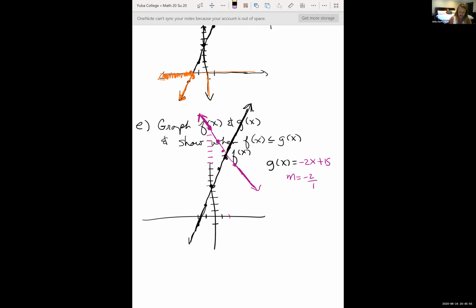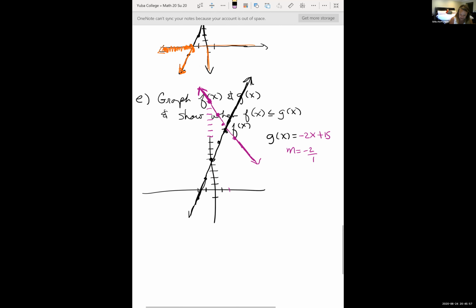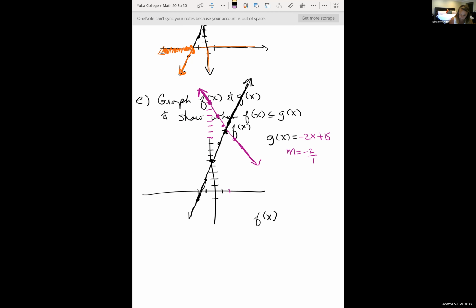Okay, so we're trying to find out when is f of x smaller than g of x. So we're looking at what x values give us a smaller y value for f of x than the y values for g of x.